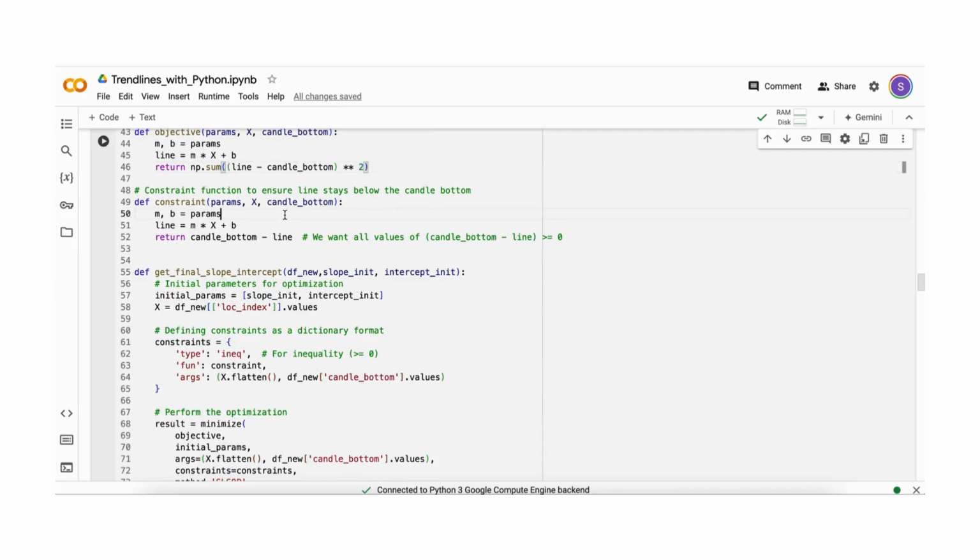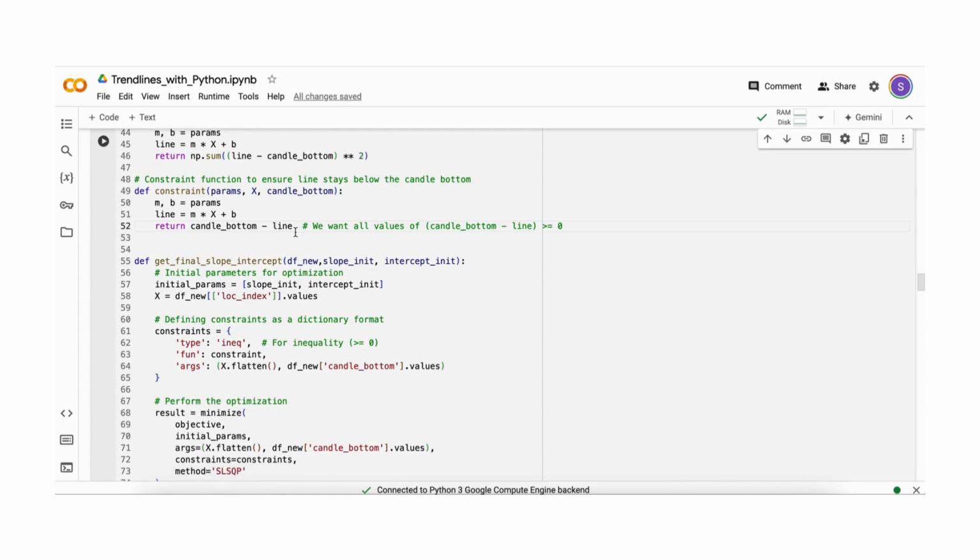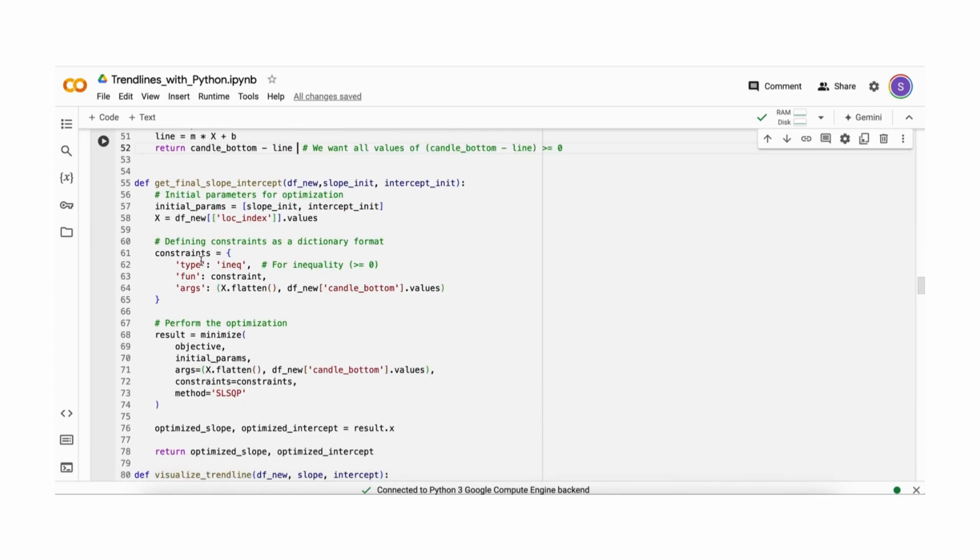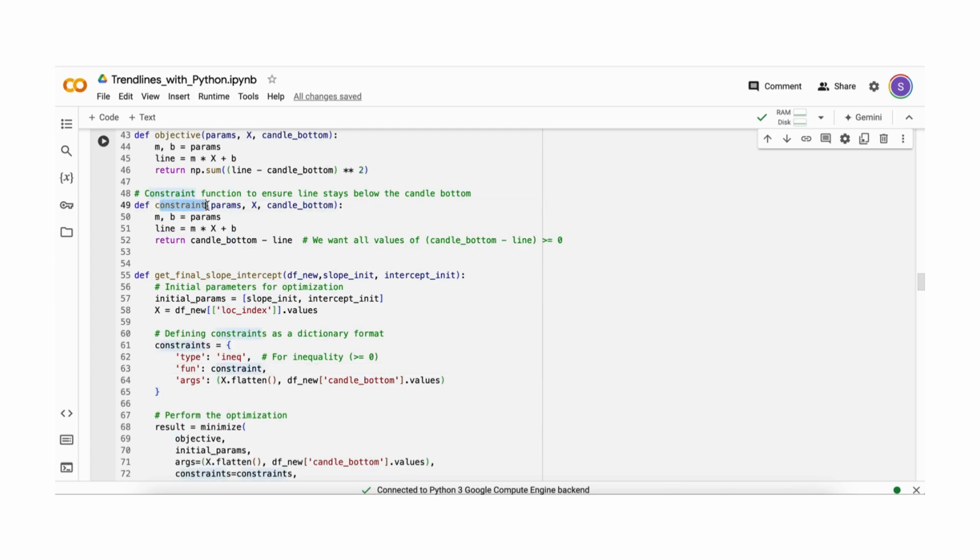And then we have a constraint where we again do the same thing, find the best fit line, but here we say that the candle bottom minus the best fit line must always be positive. So with that, we specify that it is going to be an inequality constraint, which means that in each case the constraint has to be greater than 0, and then we specify the function, which is this function here.